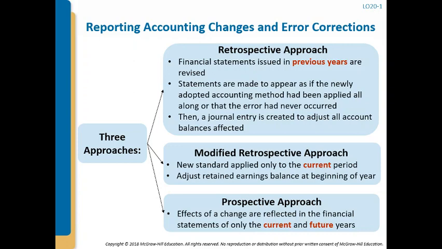And as far as the current period, you change the retained earnings to what it would be under the new method. The last approach is called the prospective approach. Here you simply make the change in current and future years.